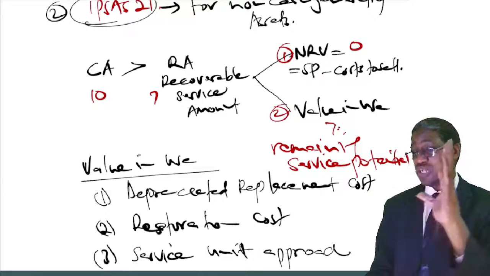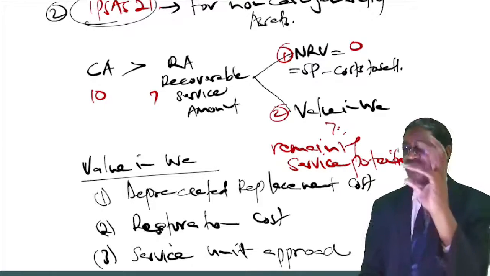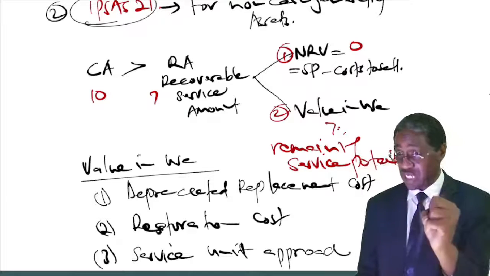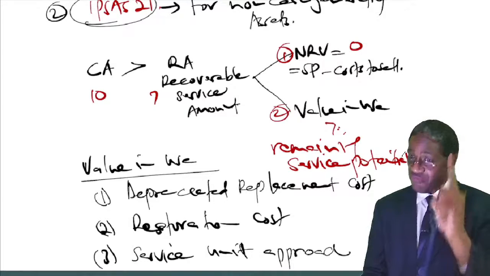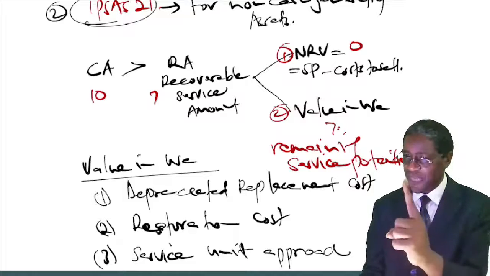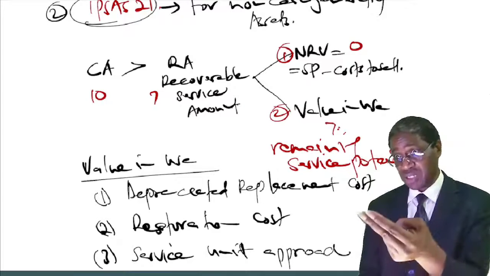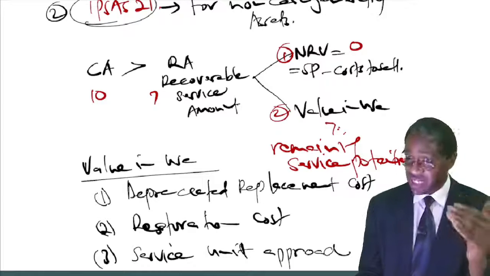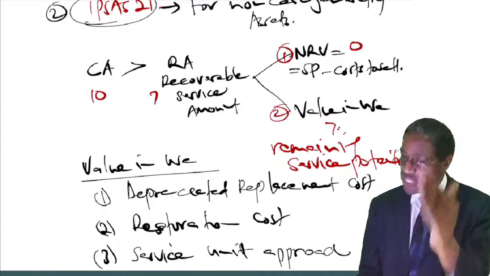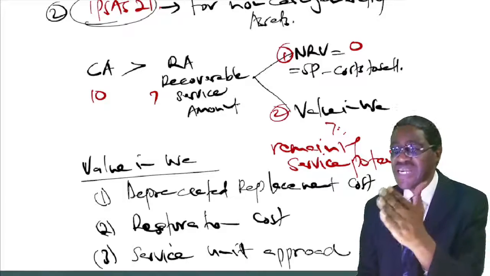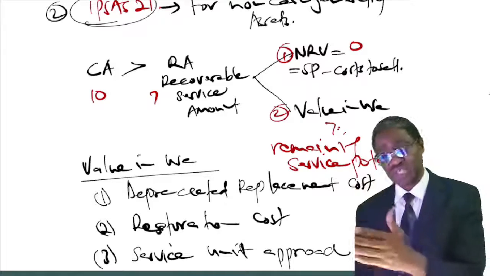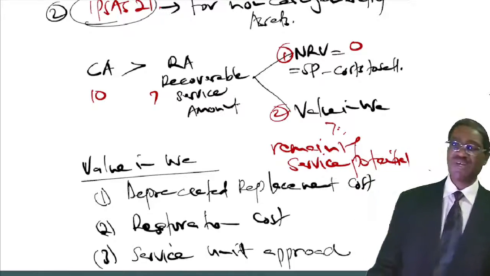Say the present value of the estimated future cash flows. If they tell you to define the value in use as per IPSAS number 21 for non-cash generating assets, then you say it is the present value of the remaining service potential. Good. Let's put down that definition.